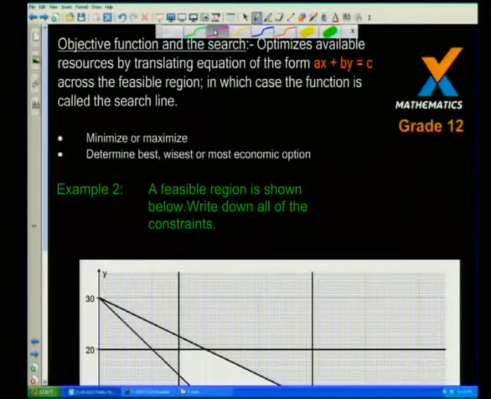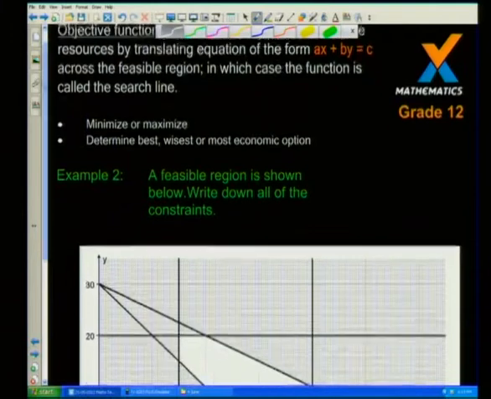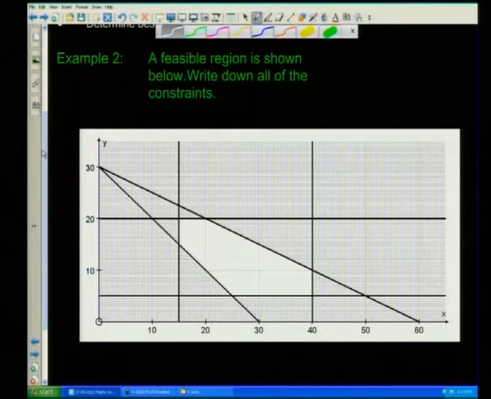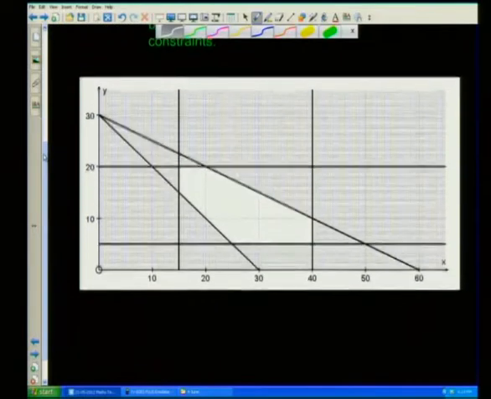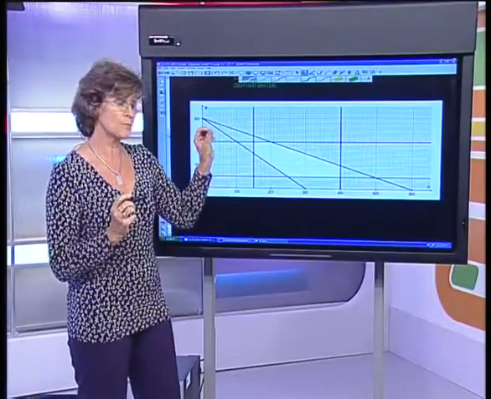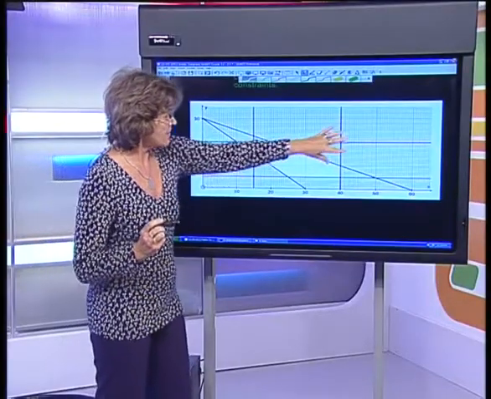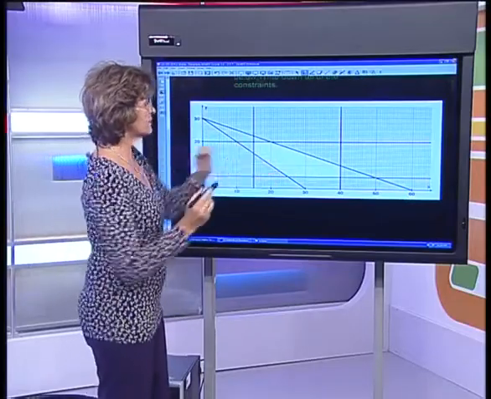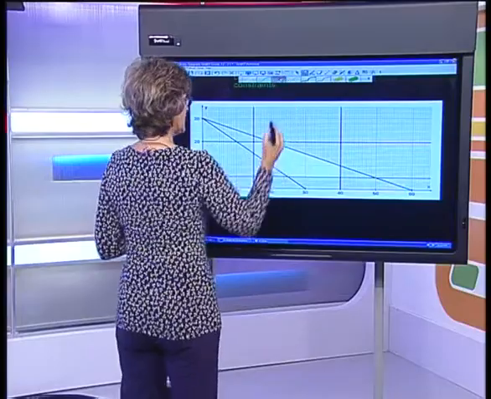Okay, so literally what I'm going to do is look at this feasible region which has been shown, and our first task is going to be to write down all of the constraints. Now guys, as E.T. said, let me make sure that you understand that when I use my actual computer program, this is the bit here that you normally see as blank, and this is the bit in here that is normally shaded.